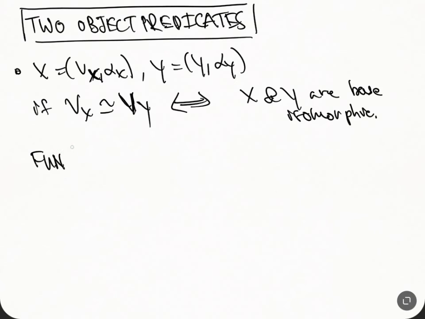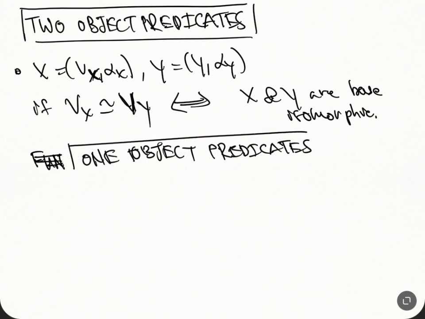Do we want to talk about functors yet? Let's talk about one-object predicates. What are some of the things you can say? This one's kind of important.